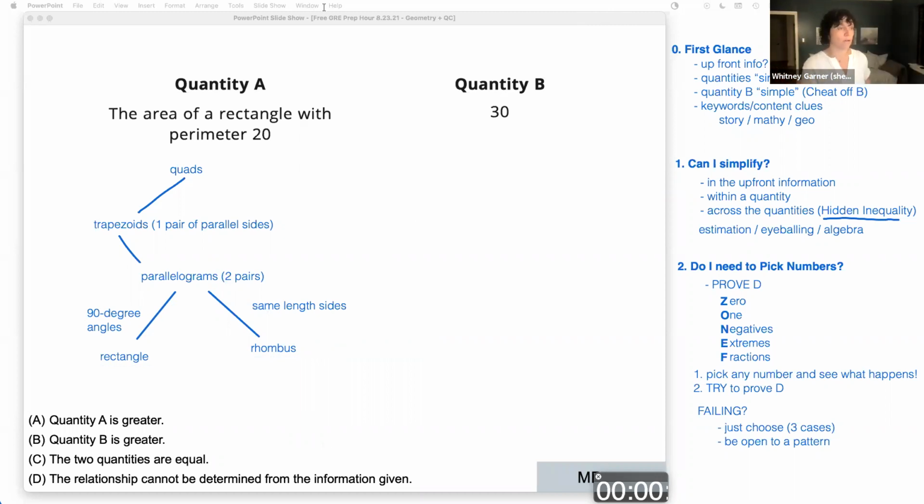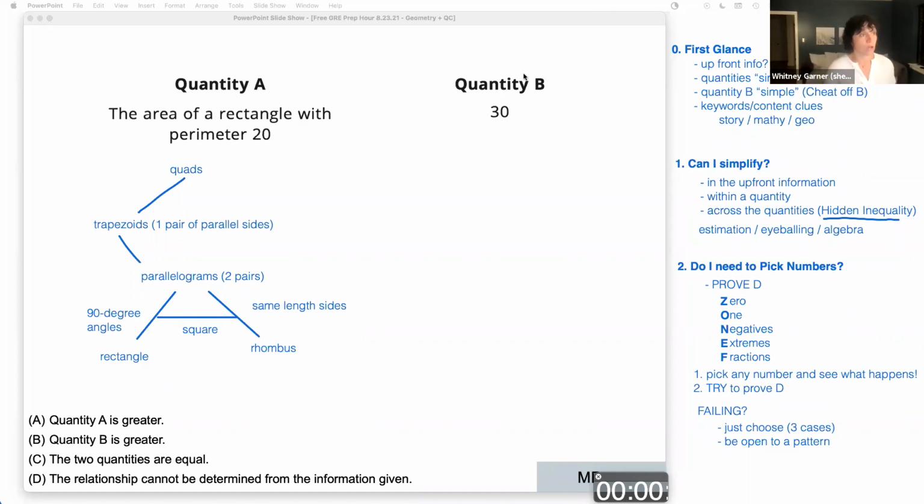And if I have both 90-degree angles and same length sides, I have a square. So technically, a square is a rectangle. A square is also a rhombus. So if they tell me that I have the area of a rectangle with perimeter 20, it could be a square. My rectangle could be a square.